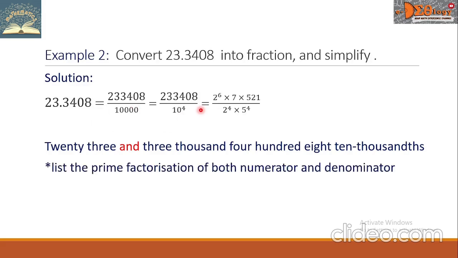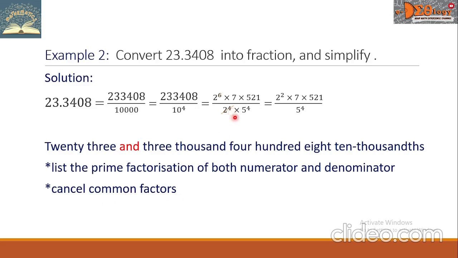In the next step, we're going to list the prime factorization of both numerator and denominator. For the numerator, we have 2 raised to 6 times 7 times 521 over, in the denominator, this 10 raised to 4 becomes 2 raised to 4 times 5 raised to 4. Then, we're going to cancel common factors.